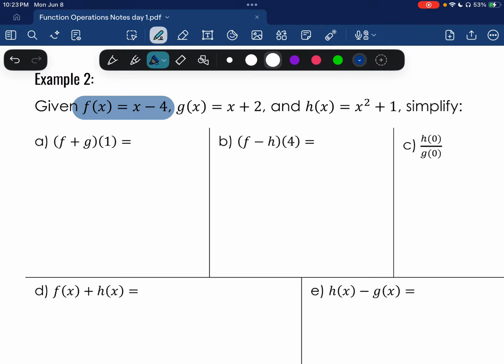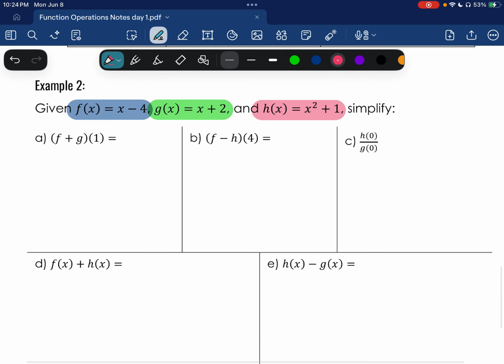1 minus 4 is negative 3, plus 3 is 0. That's right. Next, we've got f minus h at 4. Again, this is just notation. Here, this means f at 4 minus h at 4.